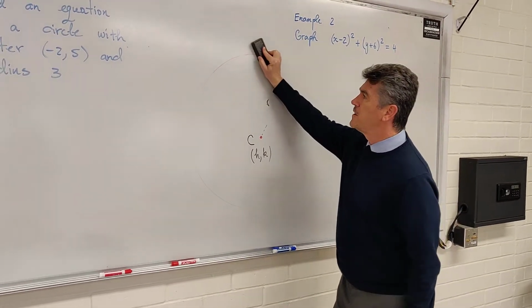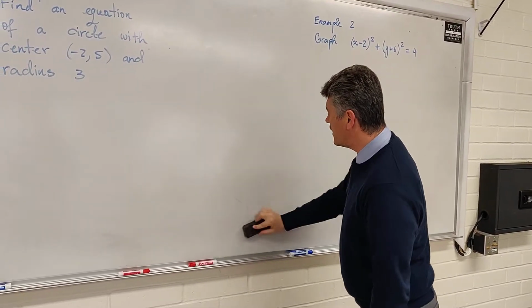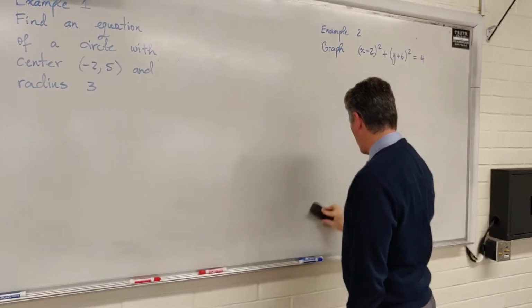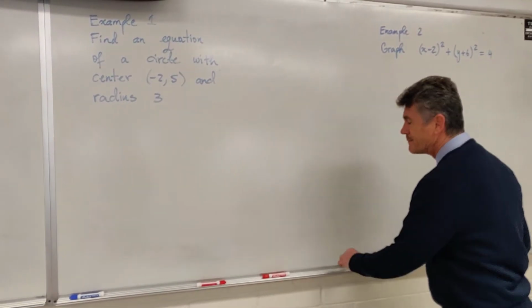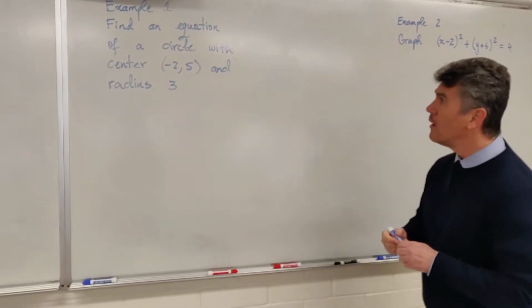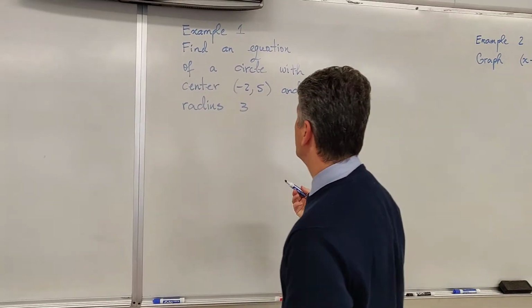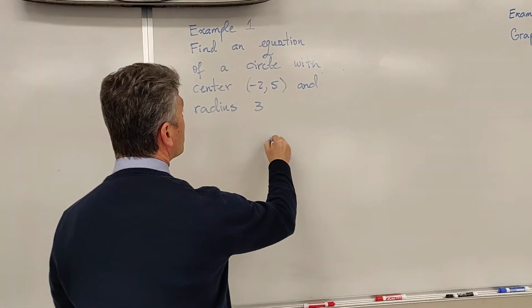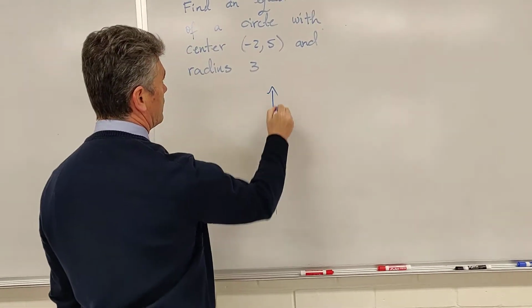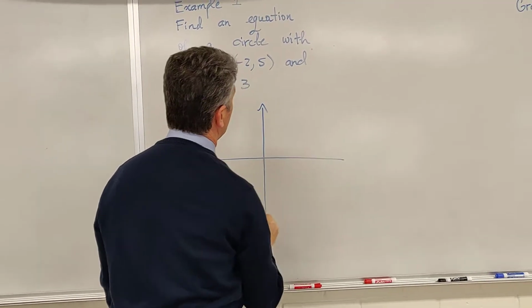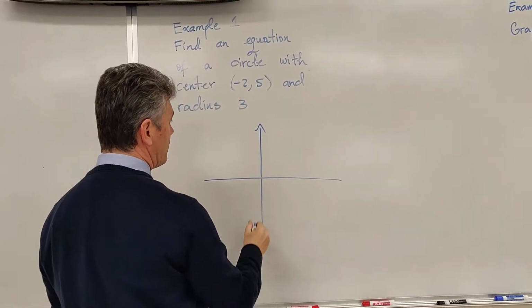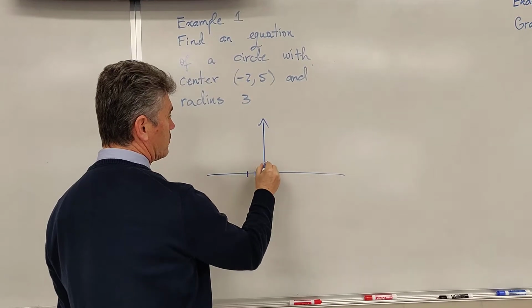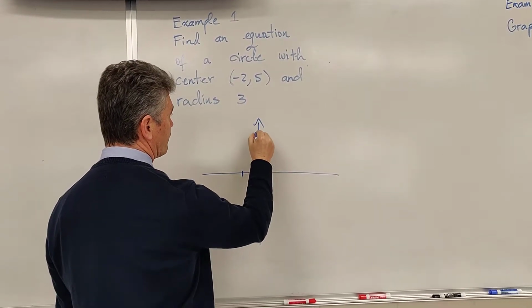Let's take a look at the first example. The first example is going to be done in two ways, not just one way. So the first way of doing this problem, we plot the center. We go 2 to the left, 5 up. So 2 to the left, 5 up.